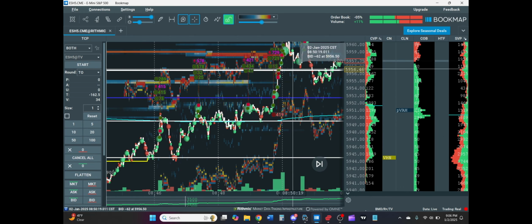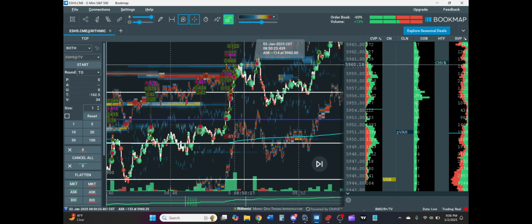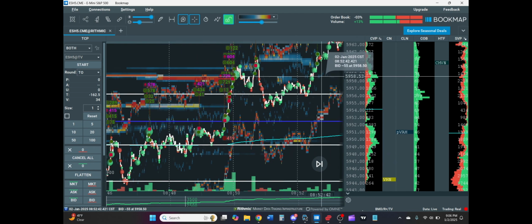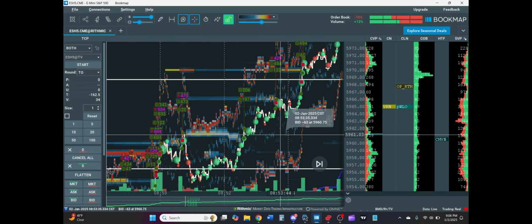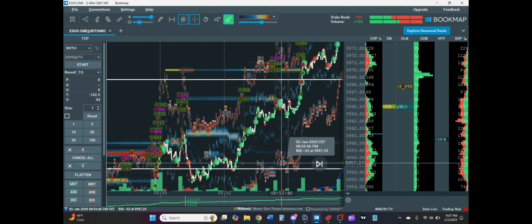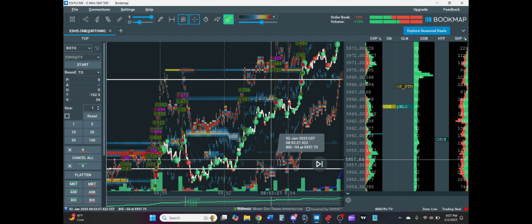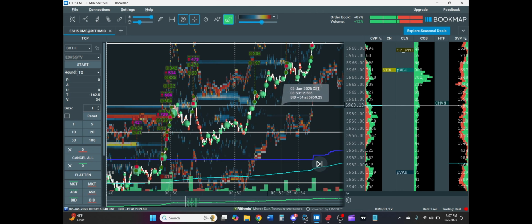So this is from earlier. Break through. See, we kind of do a mean reversion, find support. Now if we go, and these high volume nodes are good when you have an impulsive move right after.